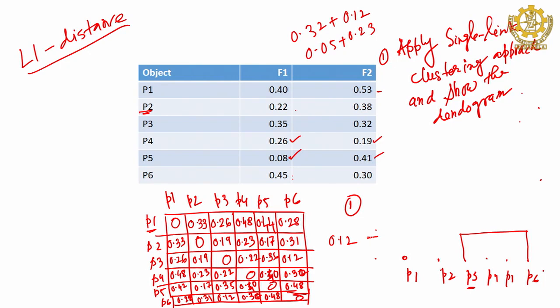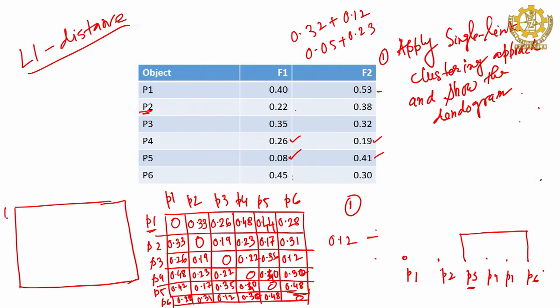This step will be the same. Always we find the minimum, as I said many times, but while you update it, that will differ. Okay. So, now we have to update the matrix here. So, again you have to generate this matrix, but this time it will be a 5 by 5 matrix, and then P3 and P6 will be.